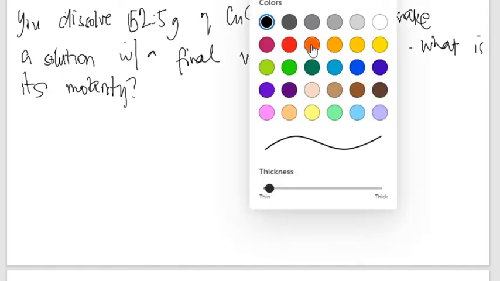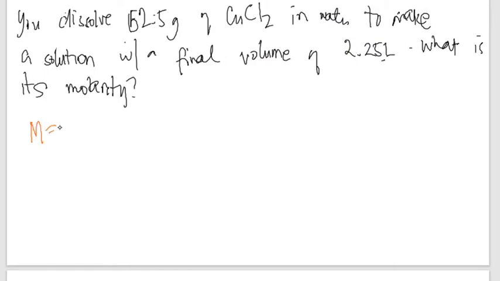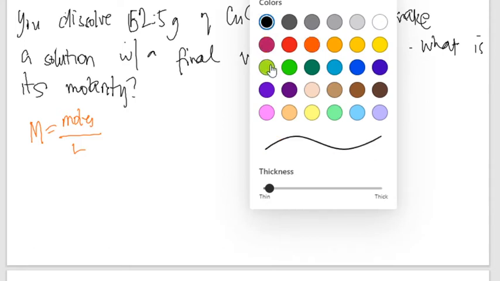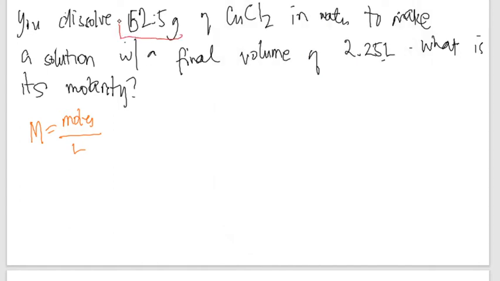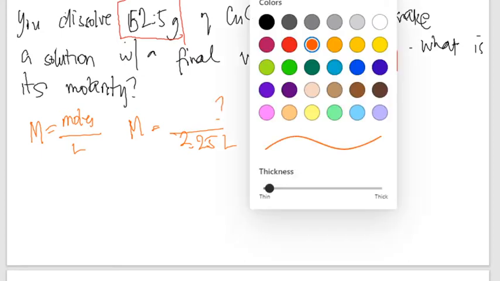So again, our formula: molarity equals moles over liter. Our variables are 152.5 grams and 2.25 liters. The liters are fine, but the moles are missing. So, what do we do?